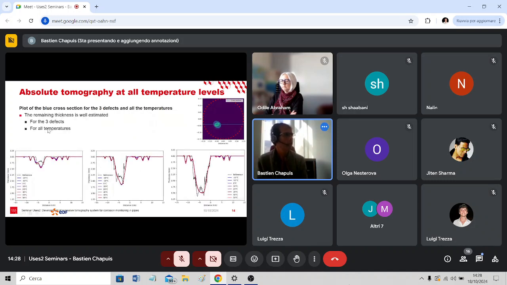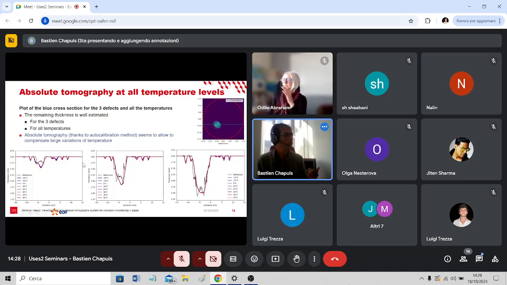So here are the cross sections for the 3 different defects. It's a horizontal cross section along this line, if you see my mouse. The dotted line is the reference measurement using the GoScan scanner, and here in color are the reconstructions with our tomography algorithms, at different temperatures. You can see that for all the different temperatures, we have very consistent results.